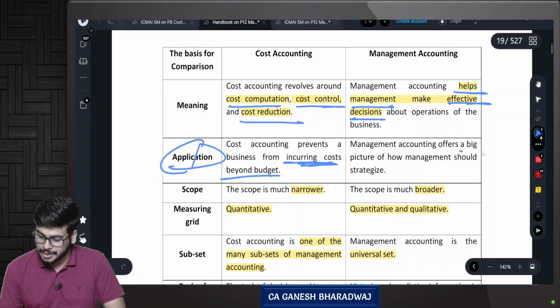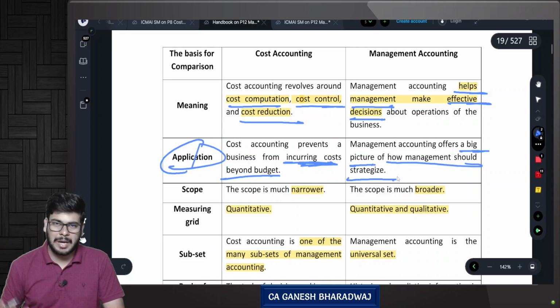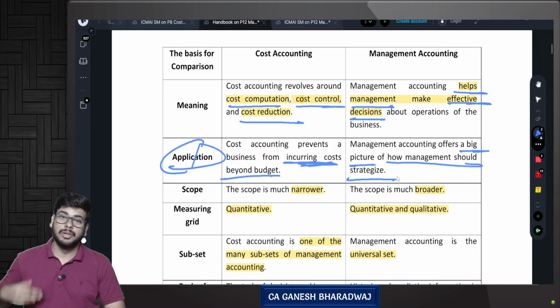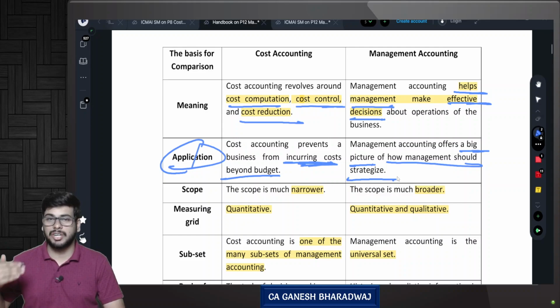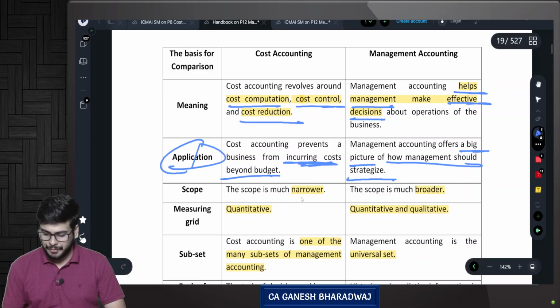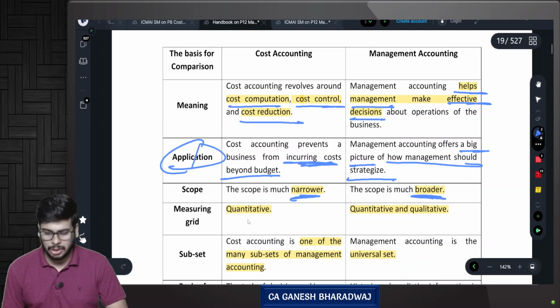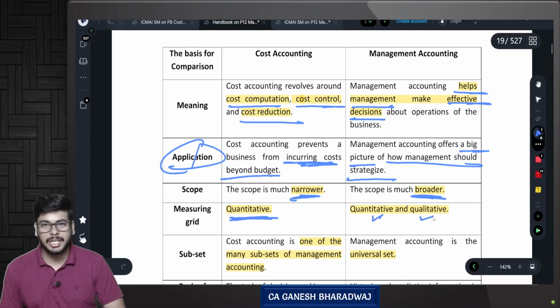Management accounting offers a big picture of how the management should strategize. So here also you prepare a budget, not just the budget. You compare that with the actuals, and the management accountant will also come up with ways as to how you can improve or strategize your business. The scope of cost accounting is narrow, whereas management accounting is broader. Cost accounting has only quantitative factors, whereas here it involves both quantitative and qualitative.